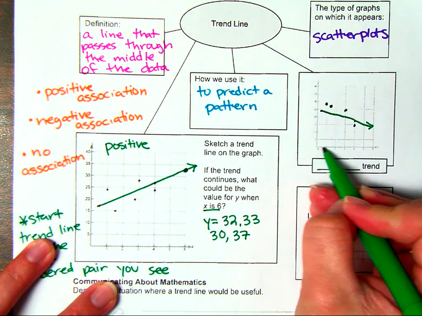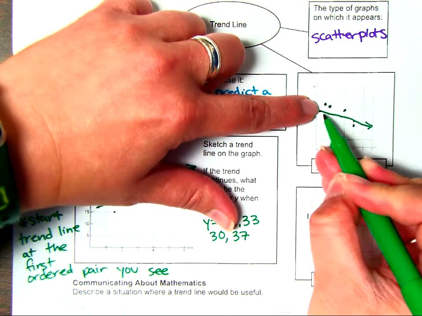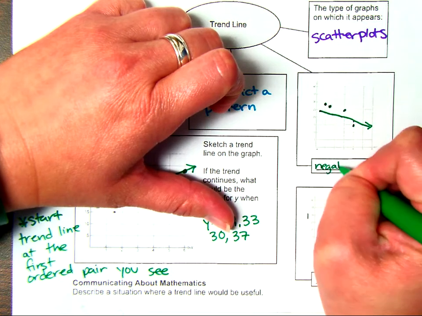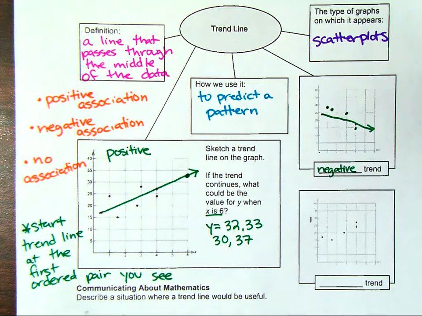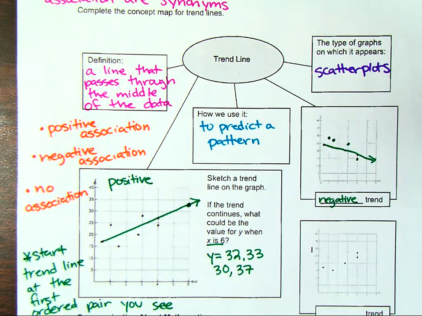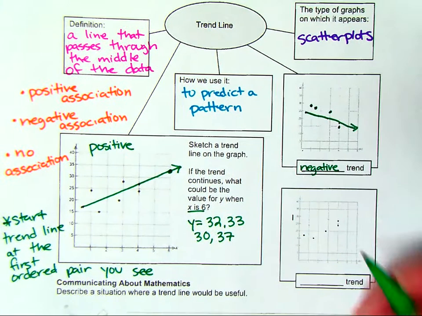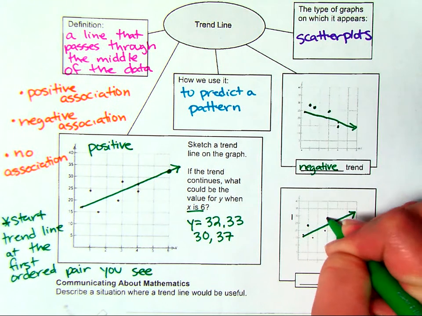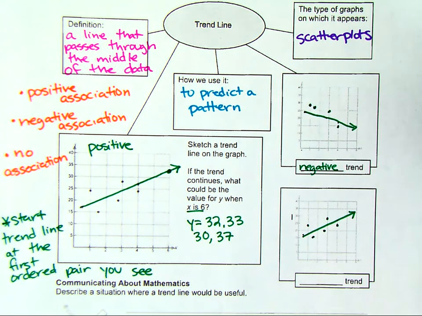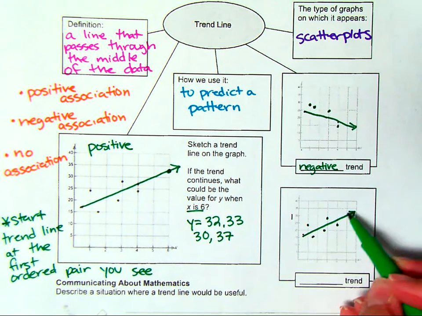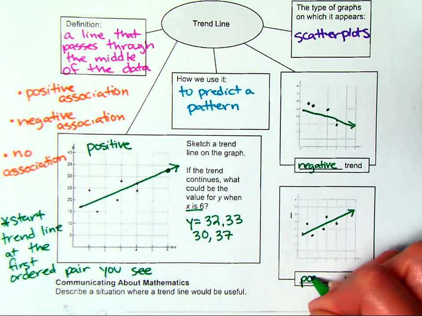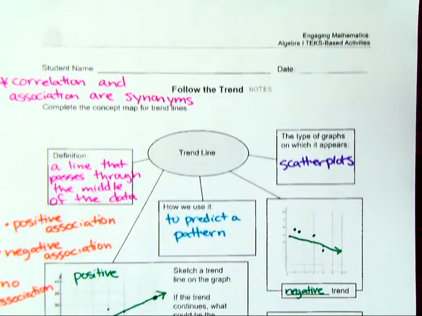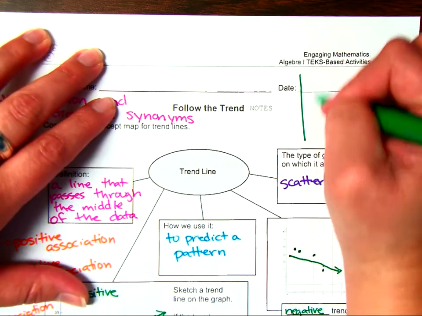As my x's are increasing on this one, my y values are going down, so this is a negative correlation, a negative association, or a negative trend line. Here on this one, again, not all those ordered pairs are on the trend line, the trend line's not going to hit every single ordered pair, but we're going through the middle of our data, and that would be a positive trend.